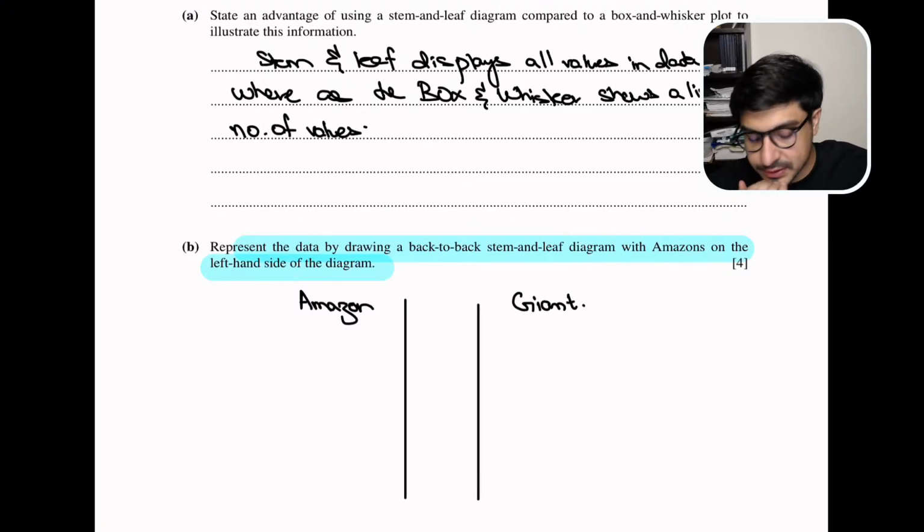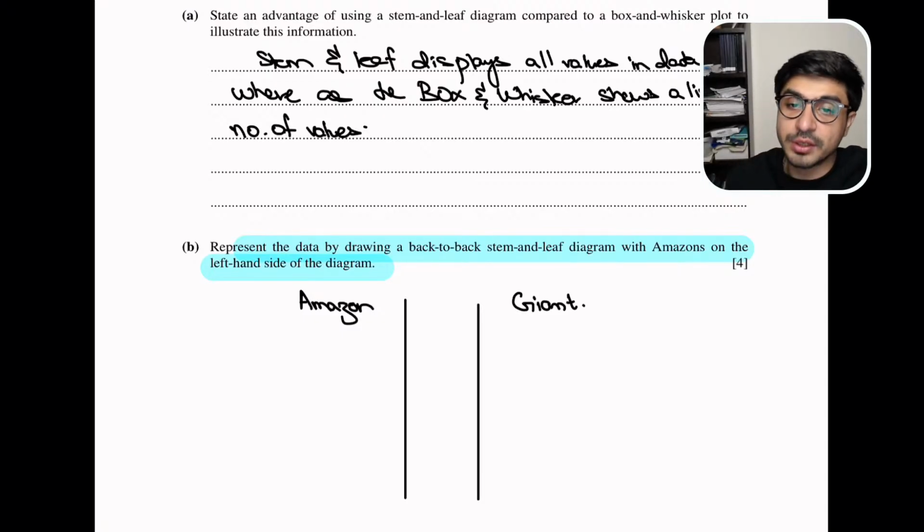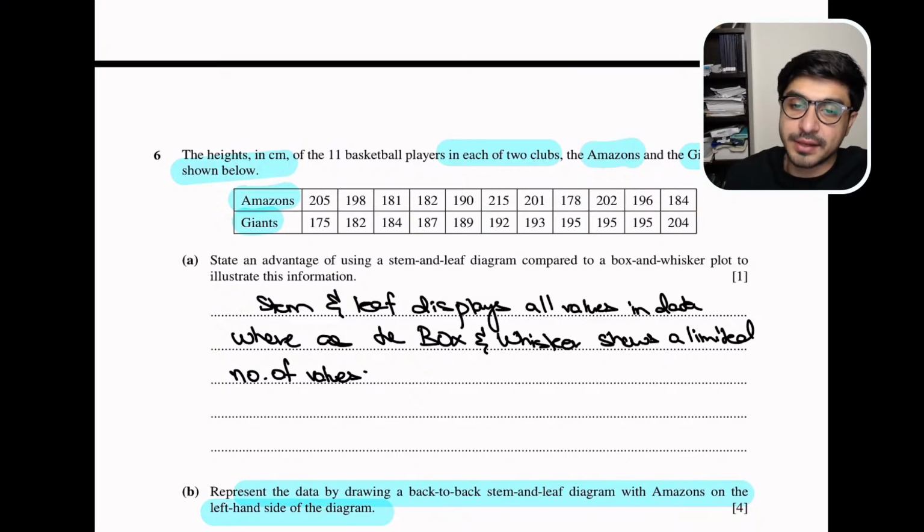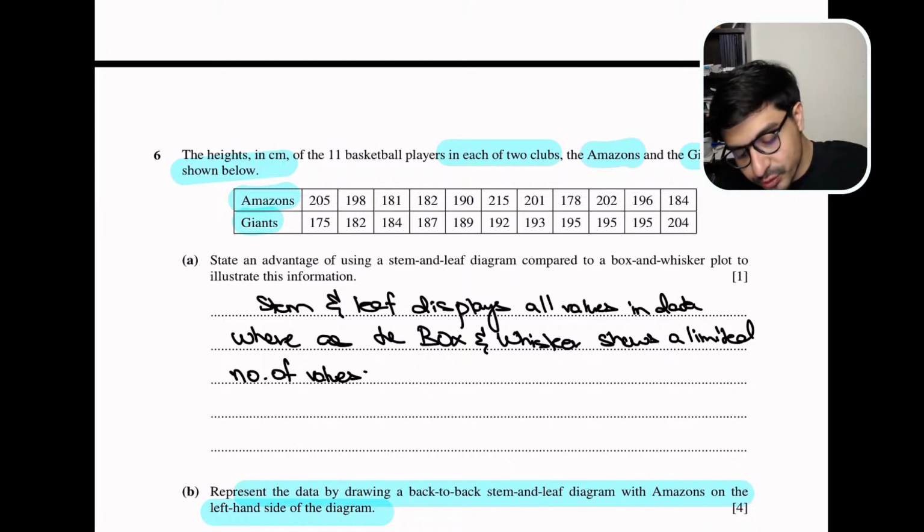So the first thing that we need to do is we just need to draw the key as well, right? How do we draw the key? That is a very essential part in drawing the stem and leaf. So the key represents basically what is going to be the stem and what is going to be the leaf. So if you look at this part, there is going to be the repetition of two digits. The first two digits are being repeated.